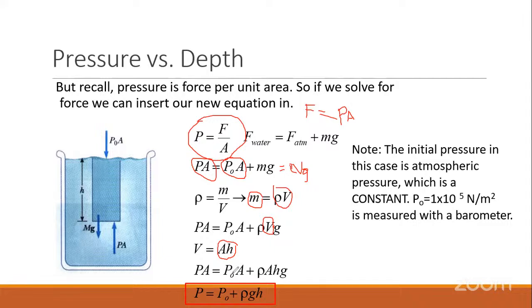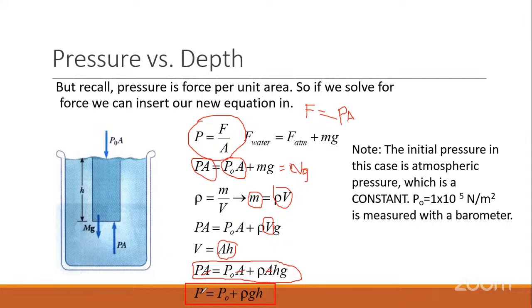So if we do that, you will notice that all the parameters have A, area. So we have area here, and the area will cancel out.